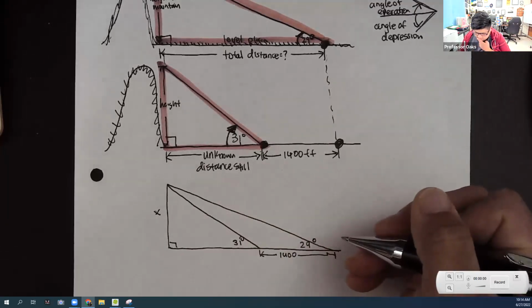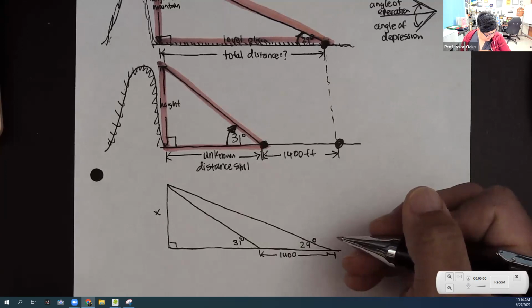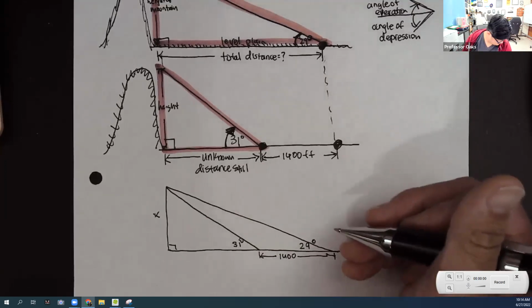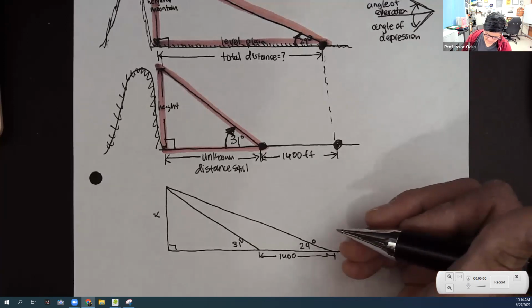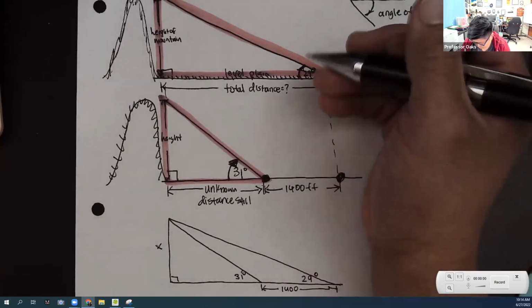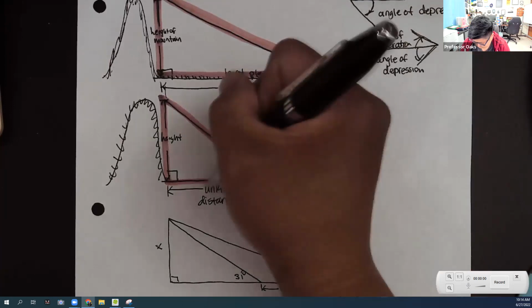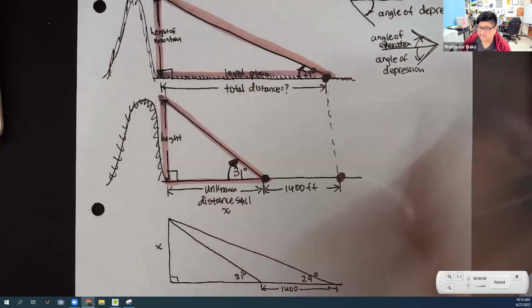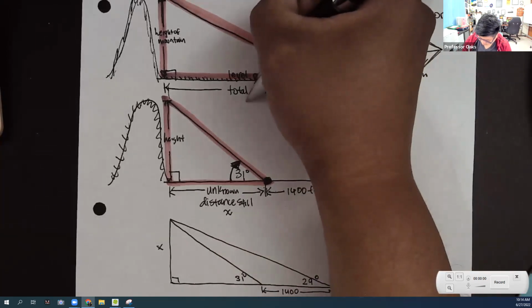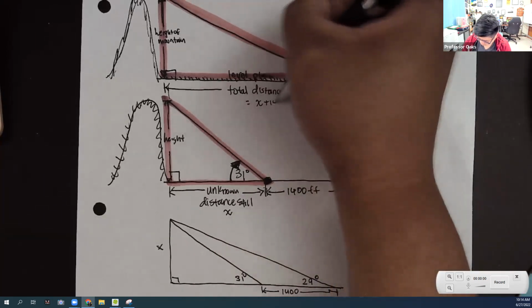This is what I think the harder part is. If you say that this unknown distance here might be X, then you know that this total distance is equal to X plus 1400.